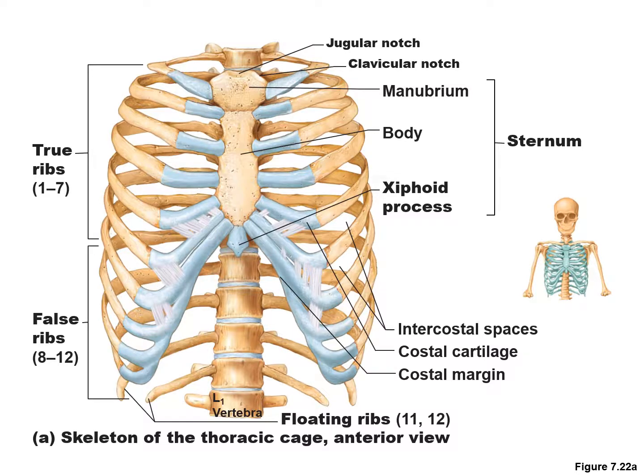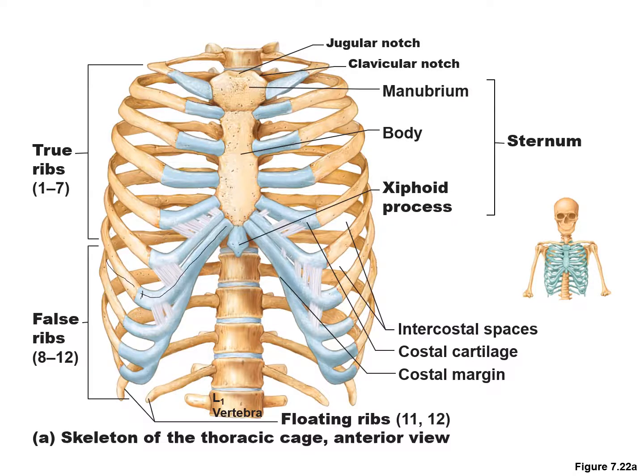So let's go ahead and look at this image here. True ribs 1 through 7. So we have 1, 2, 3, 4, 5, 6, and 7. And you'll notice this last rib still has its own costal cartilage connection. So this section of material here, that is costal cartilage.